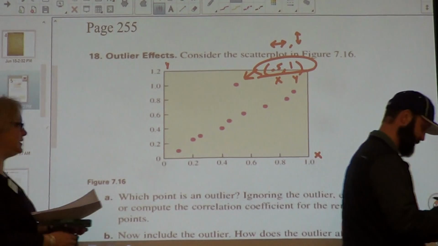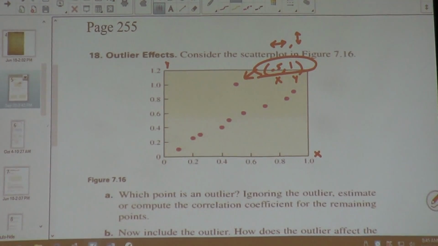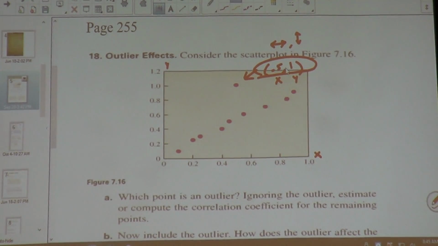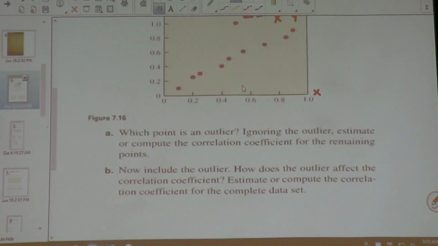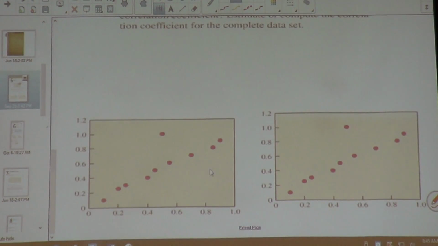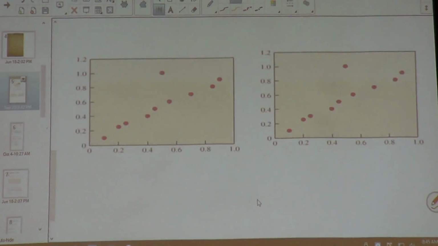All right, so there's my outlier, 0.5, 1, so make sure you know what that outlier is. Now, down here, they're saying if you were to do a correlation coefficient, or an R value, with the outlier versus without the outlier.